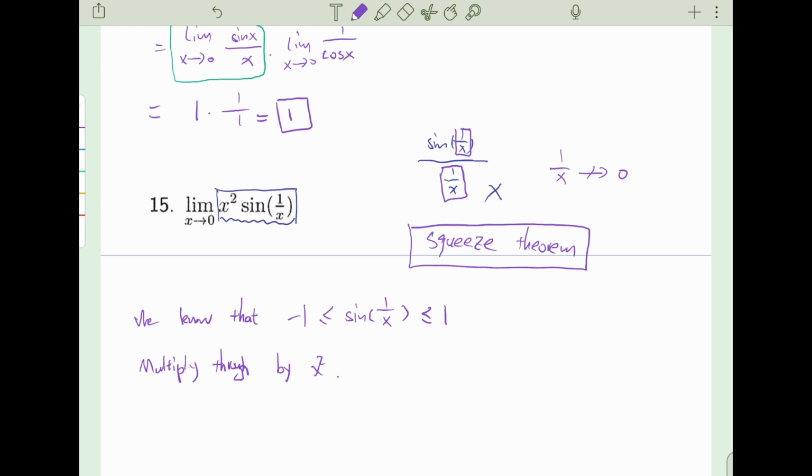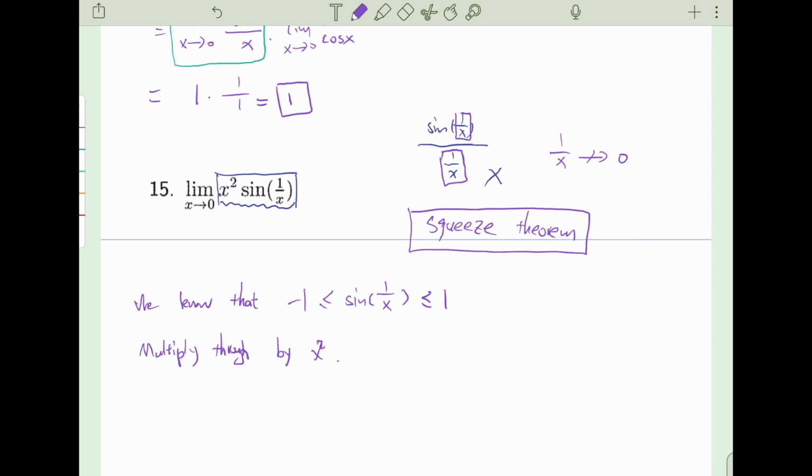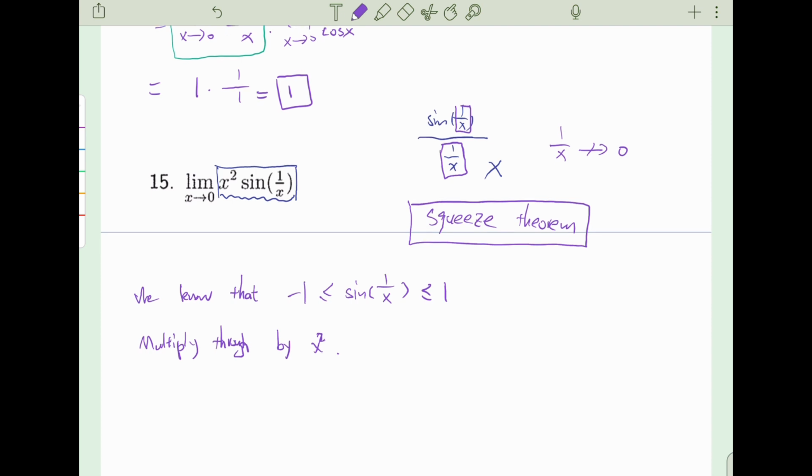When we're dealing with inequality, we have to be very careful about the direction of the inequality. We can't just simply multiply anything. If the thing that you're multiplying is positive, then it keeps the direction. Otherwise, it changes the direction.